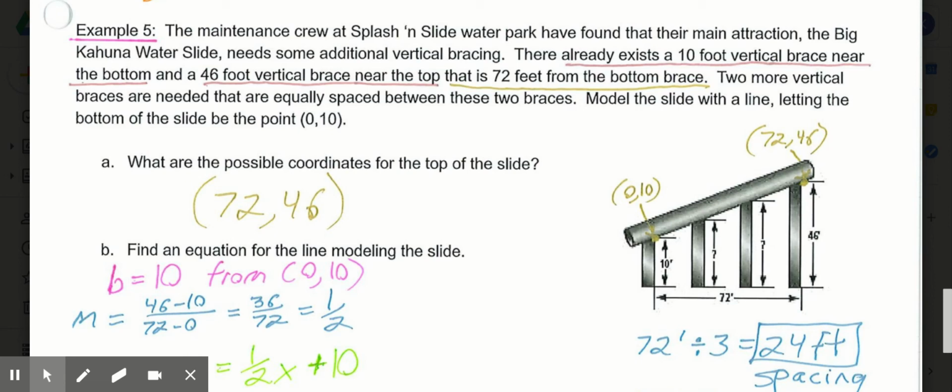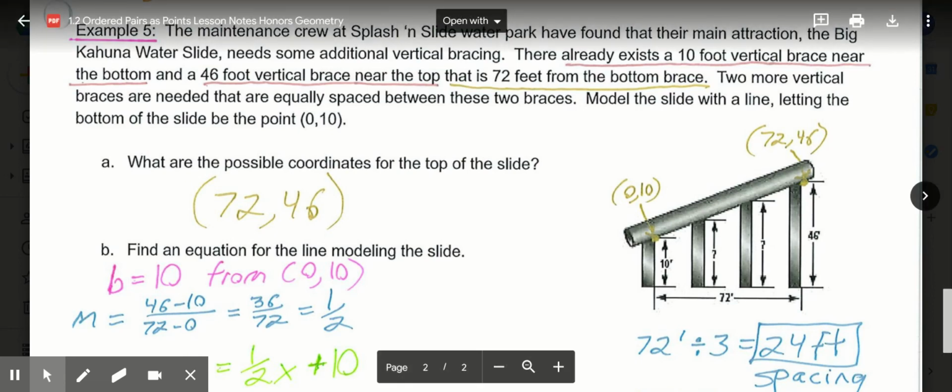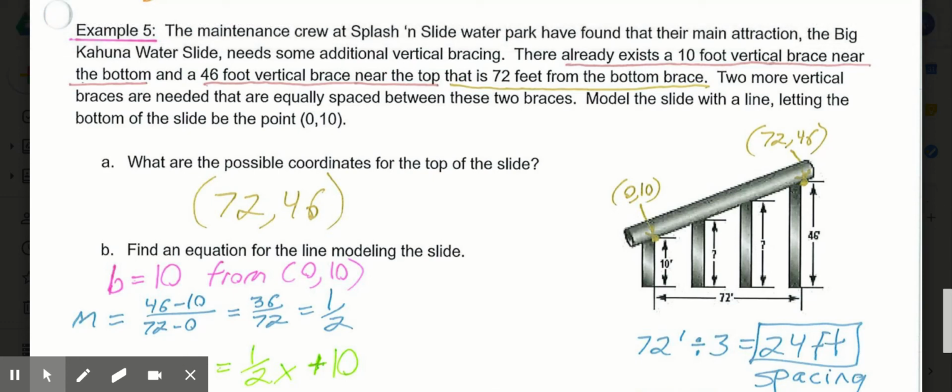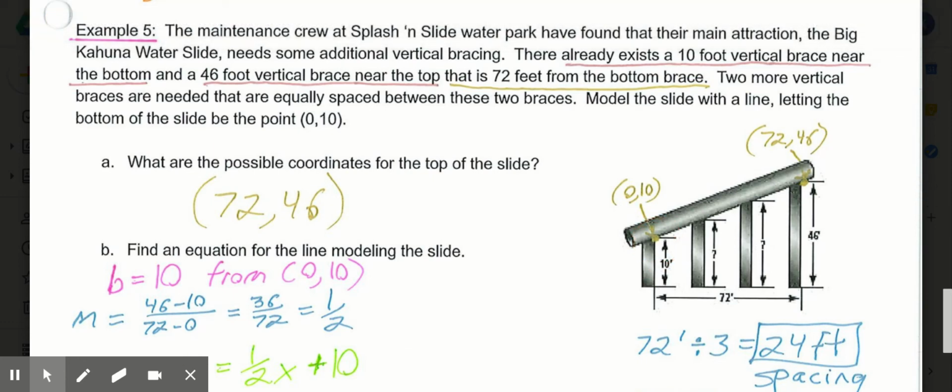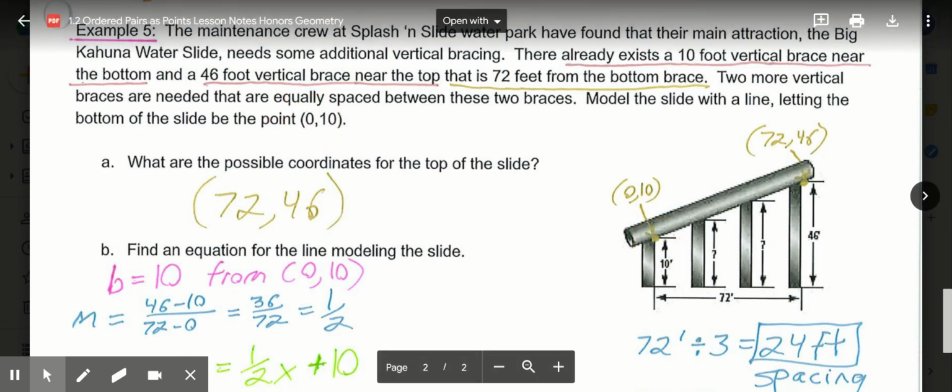Model the slide with a line letting the bottom of the slide be the point 0, 10. So our coordinate of 0, 10. What they're saying to do is think about just this slide, the bottom piece of the slide, right here, this dark line, being a line. The bottom meets this brace at the coordinate 0, 10.